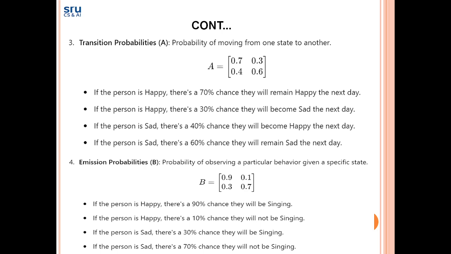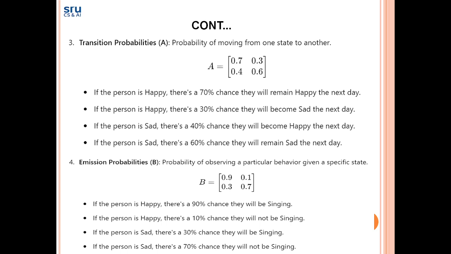Transition probability is the probability of moving from one state to another. It is given by this matrix A equal to 0.7, 0.3, 0.4, 0.6. If a person is happy, there is a 70% chance they will remain happy the next day.